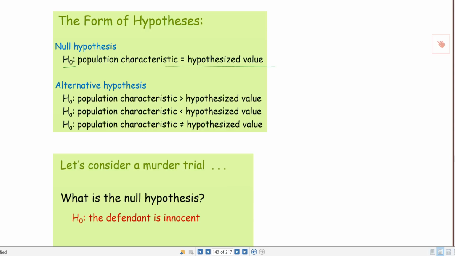Okay, so if we're talking about the proportion, we would say the proportion equals, I don't know, 0.5, something like that, right? One thing that we want to remember is that the null hypothesis always includes the equals sign.